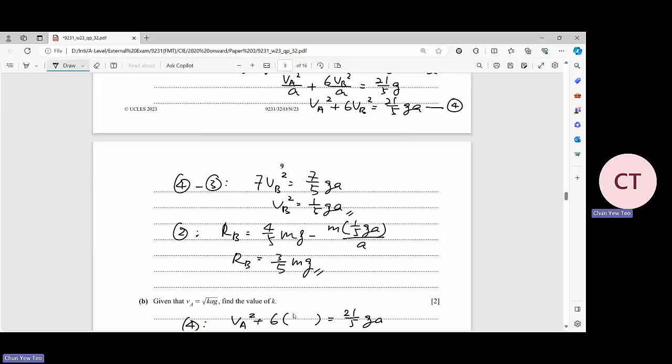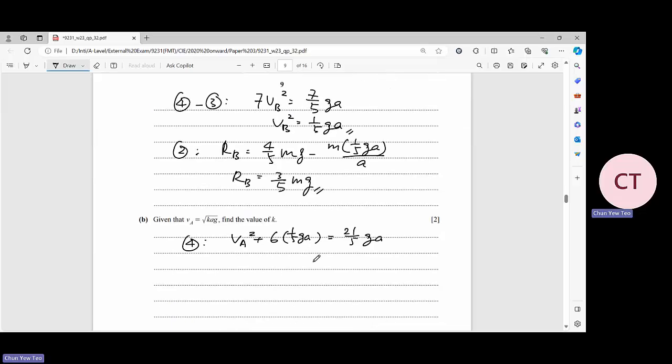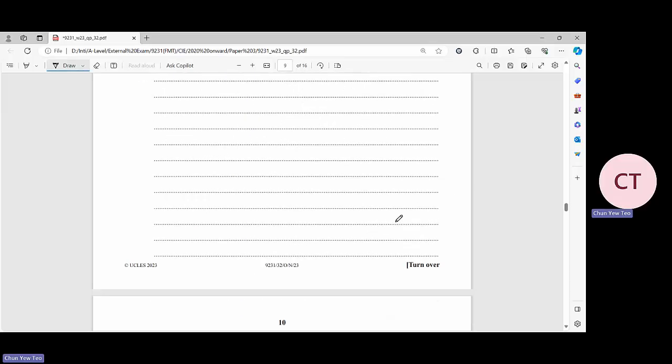So just write 1 over 5 gA. So my VA square will be 3 gA. VA is equal to the square root of 3 gA. Therefore, your value k is 3. Okay, so this will be the answer for question part B.